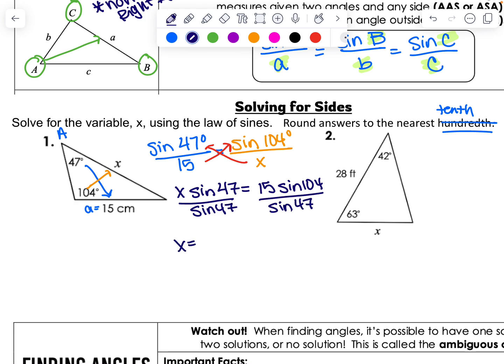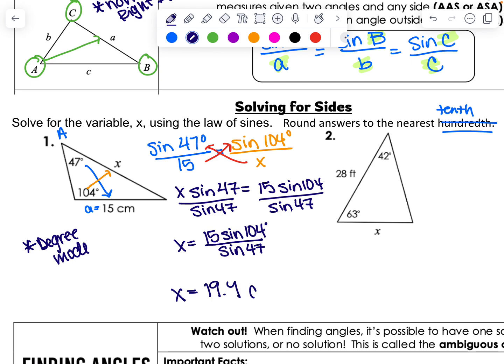So x equals 15 times the sine of 104 over the sine of 47. And now you're ready to type that in your calculator. Make sure you are in degree mode on your calculator because those angles are in degrees. And you should get that x is 19.9 centimeters.